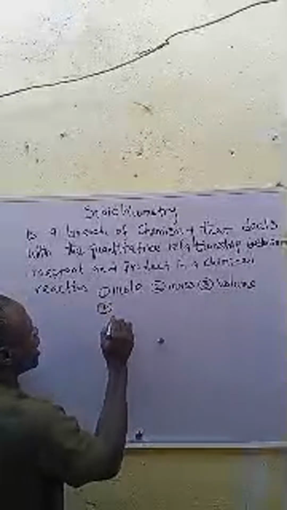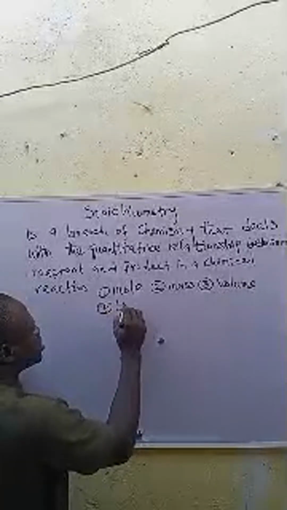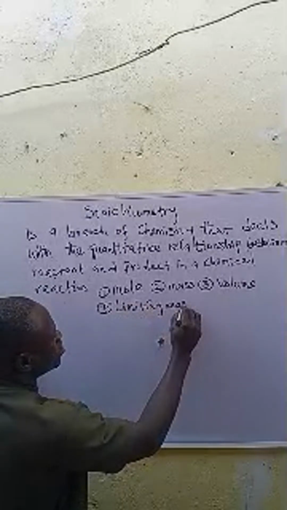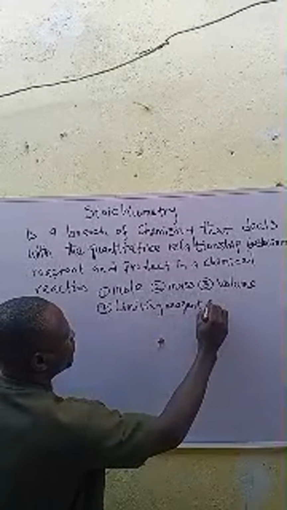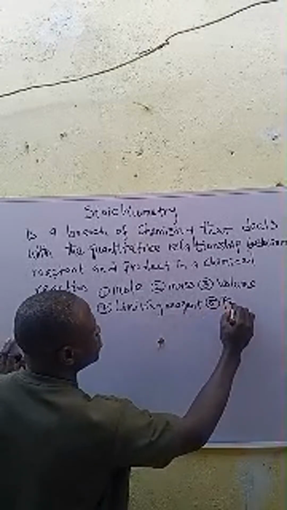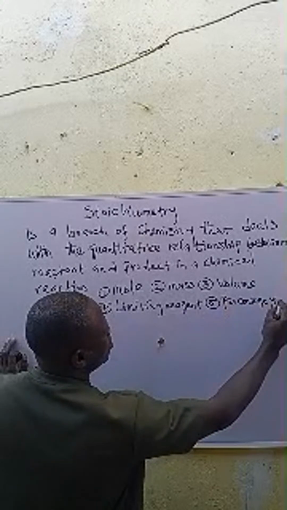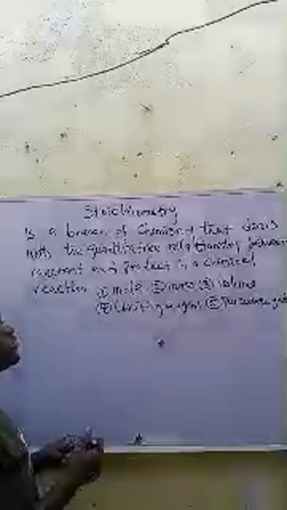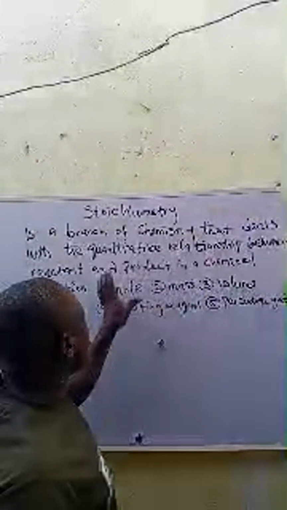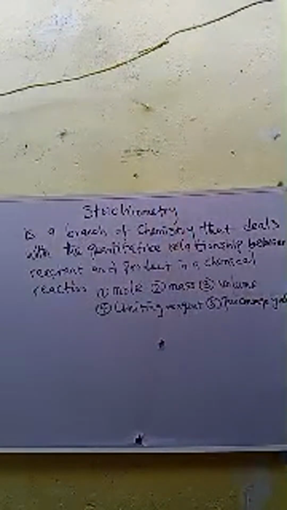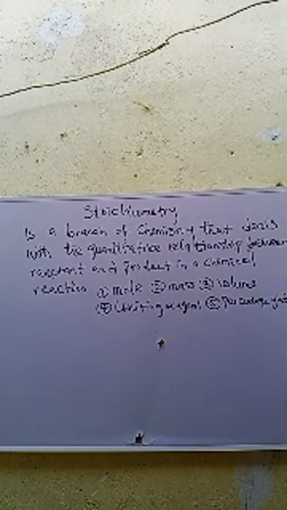Number four, we have limiting reagent. And number five, we have percentage yield. These are the various things that you need to know under stoichiometry, and we are going to look at their calculations.